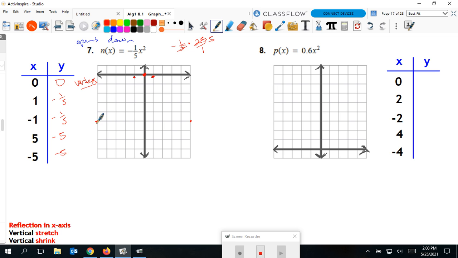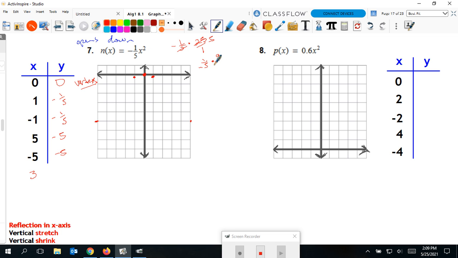Now we could try to get something here in the middle of this. If I tried to maybe do something somewhere in the middle, maybe like a 3, if I plug 3 in, where would 3 be? That's going to be a negative 1/5 times 3 squared, which is 9.